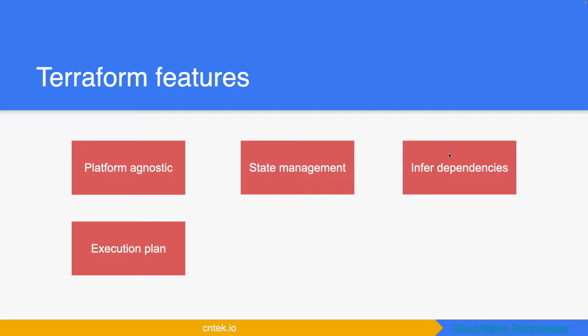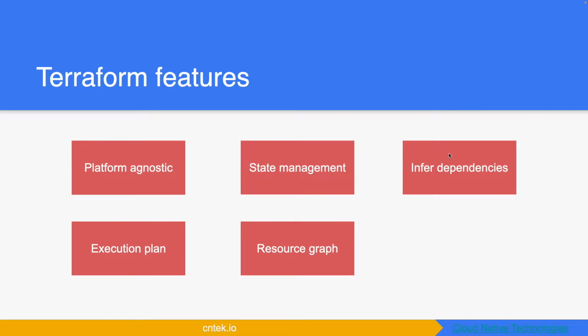Another good thing when using Terraform is that after we write the Terraform configuration, we can do a dry run, which is called a plan in the Terraform world. So we can execute a plan, which helps us understand what infrastructure Terraform is going to create, what changes it is going to perform, or what resources it is going to remove based on the configurations we have defined.